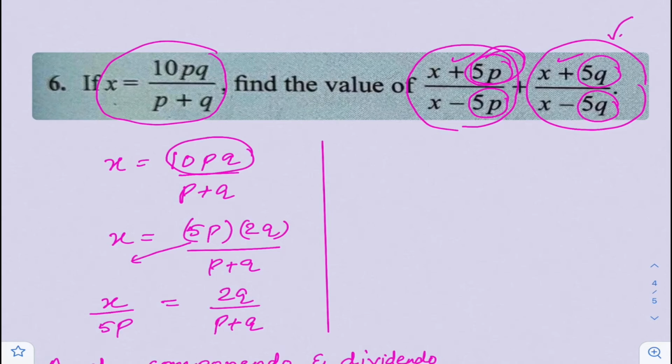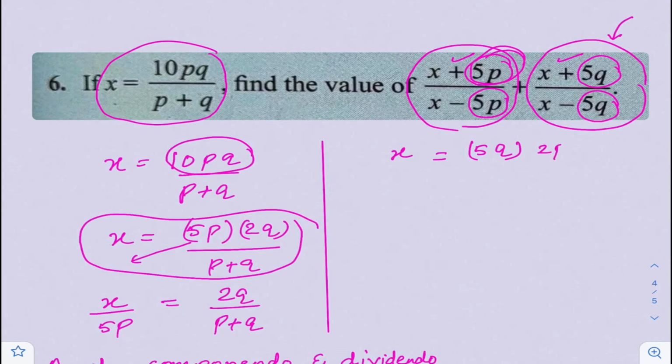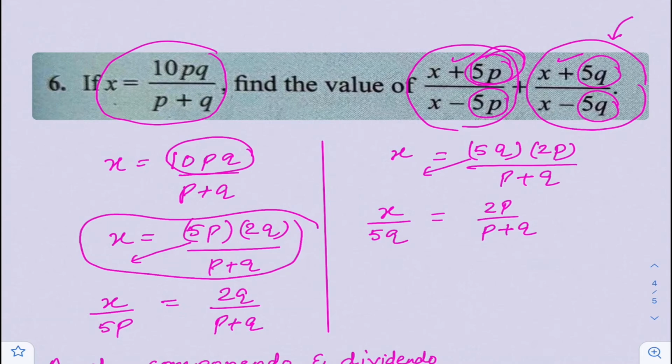Now we will solve the other part of the question. How are we going to do this? Just see it carefully. We can write x equals 5q into 2p, just interchanging 5 and 2 with each other, over p plus q. Now take 5q in the denominator of x, and apply componendo and dividendo here.